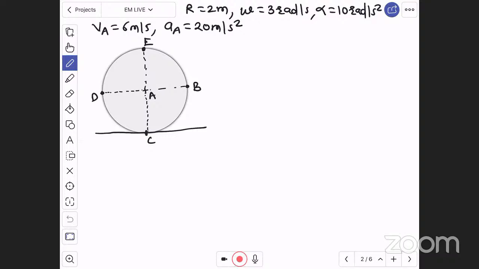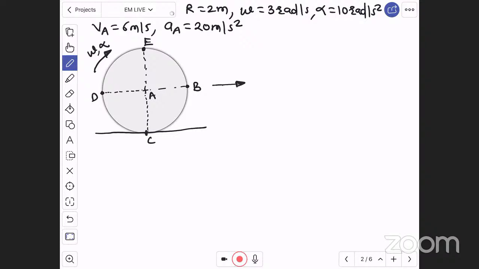Now my dear students, this wheel is rotating with angular velocity omega and angular acceleration alpha, and while rotating, this wheel is moving in the forward direction, meaning it is a combination of linear plus rotational motion. Now we have seen that for each point on the circumference, or at any other location from the center, there will be a centripetal or radial acceleration.